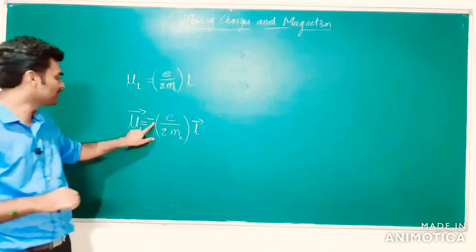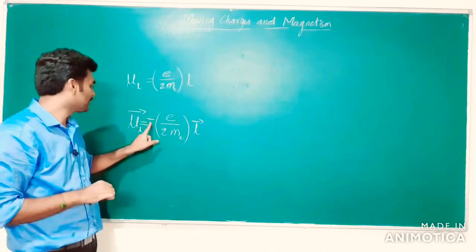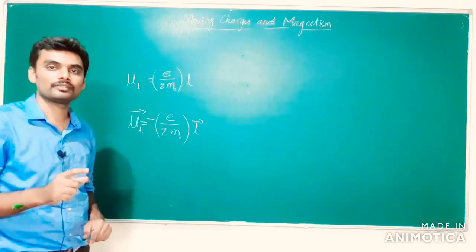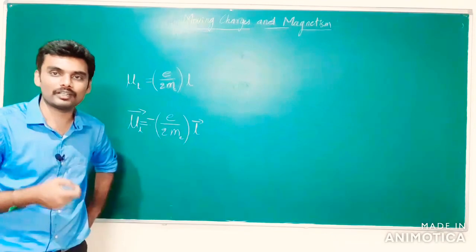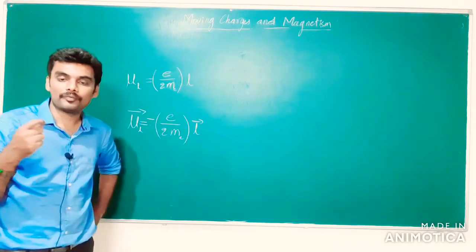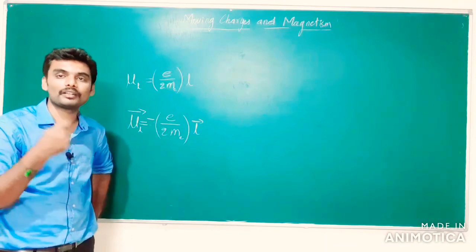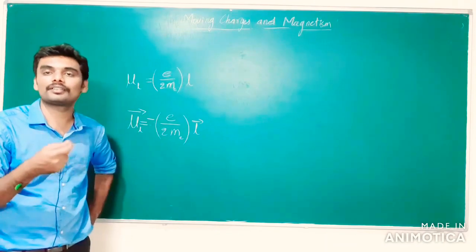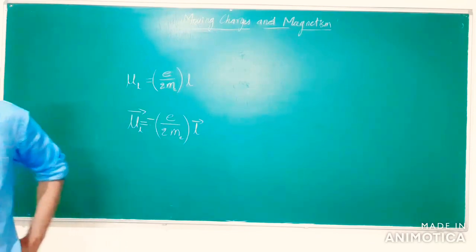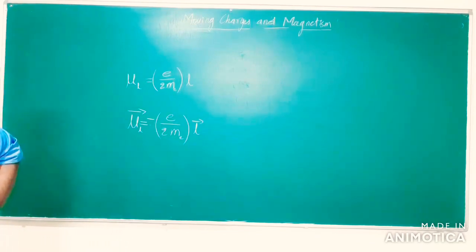What is the significance of this negative sign? The particle revolving around the nucleus, the electron, that's what we are studying now, right? The negative sign signifies that the revolving particle, the electron, is negatively charged. That is why we need to introduce this particular negative sign.